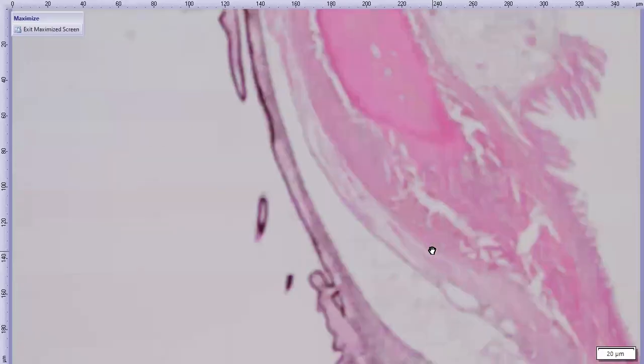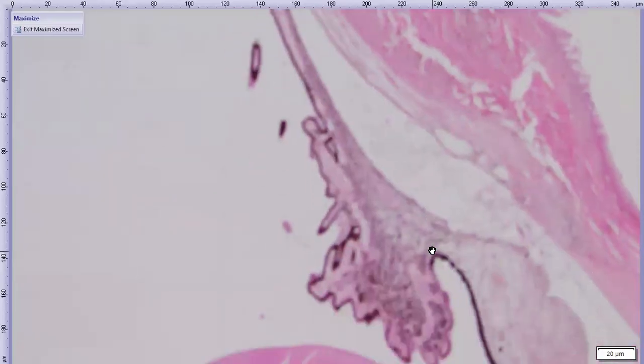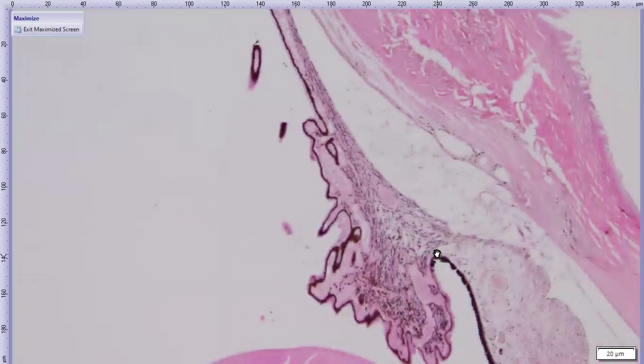Just like in the mammal, it decreases the aperture where the lens is held in place between the ciliary body on one side and the ciliary body on the other side.